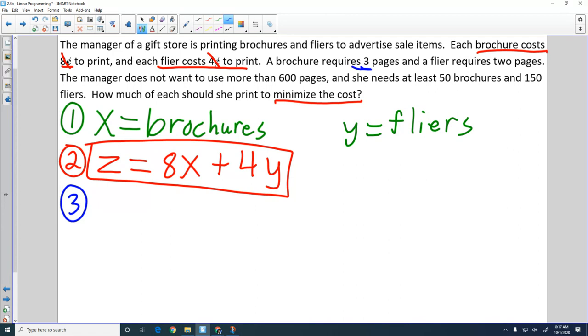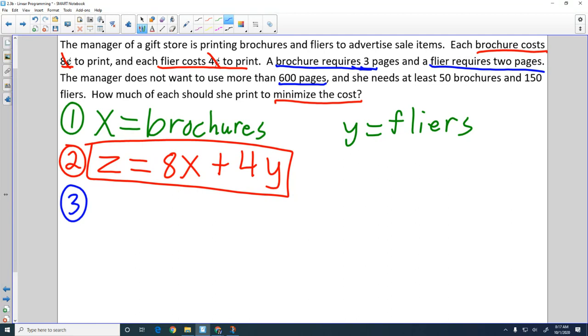There's a number. It says a brochure takes 3 pages of paper, where a flyer takes 2 pages of paper. Am I limited by the numbers of sheets of paper I have? Yeah, how much paper do we have? 600. Doesn't want to use more than 600. I can't use more than 600. So that's going to be a constraint right there, right?